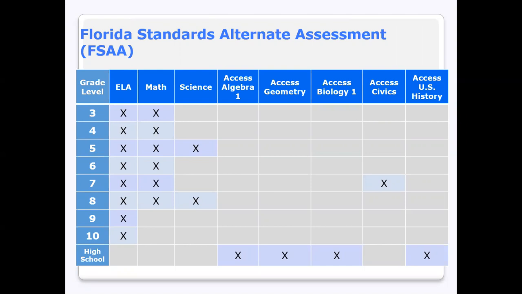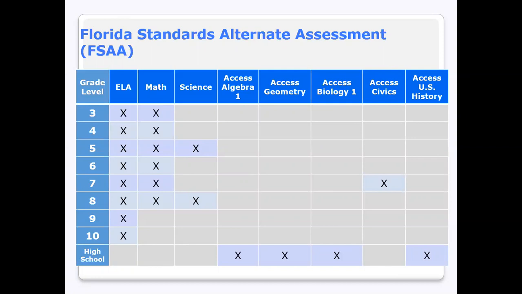You've got grades 3 to 10 ELA reading, ELA writing will be 4 to 10, 3 to 8 math. You've got Algebra 1, geometry, and then we have our science, grades 5 and 8, and biology end of course. And then you've got the civics and US history end of course exams.